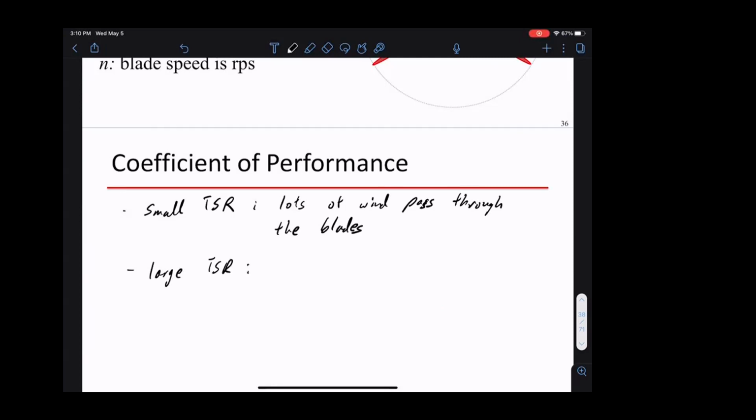If the TSR is too large, does that mean we capture a lot of power? It's going very, very fast; the tip speed is much faster than the wind speed. Does that give us a lot of power?